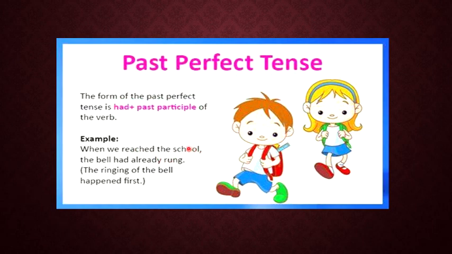Okay. So you can say your sentence with the conjunction word before, with the conjunction word when also. Or we can say we reached the school after the bell had rung. We can even use after.